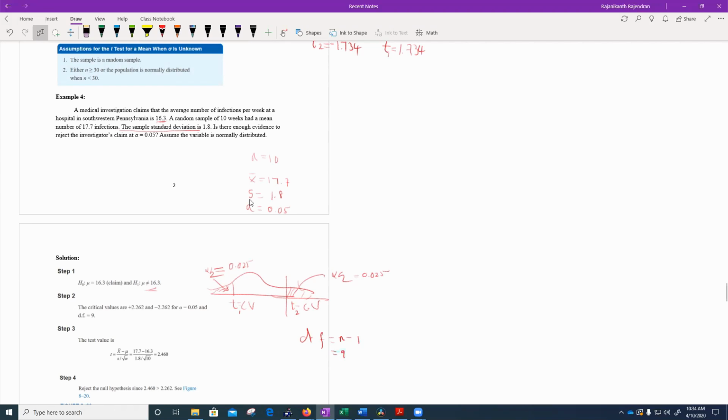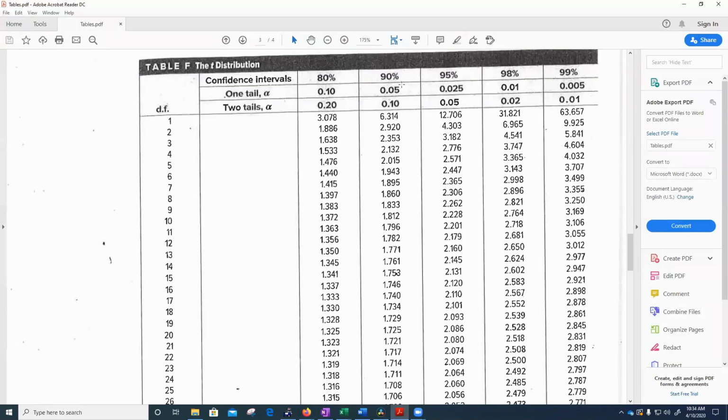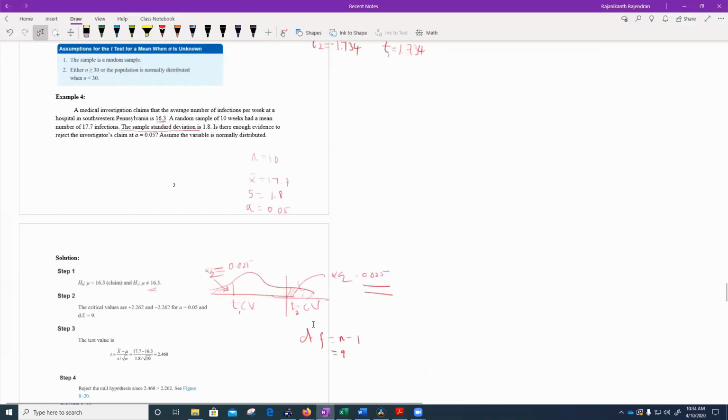So look at 9 with 0.025 under one tail, because I'm considering only one area. 0.025 with 9 is going to be 2.262.